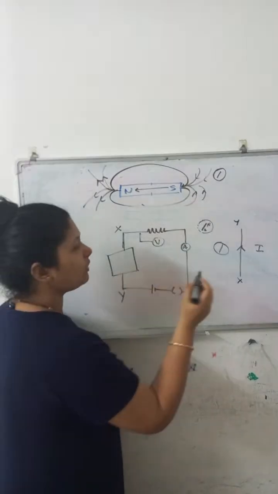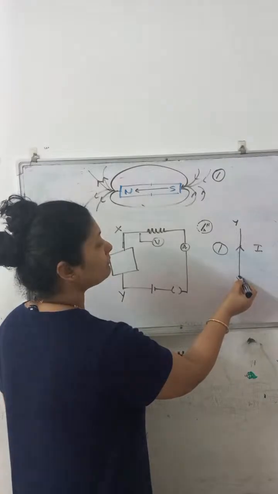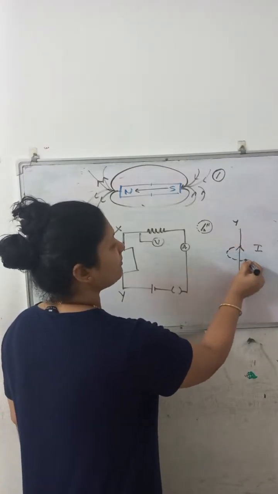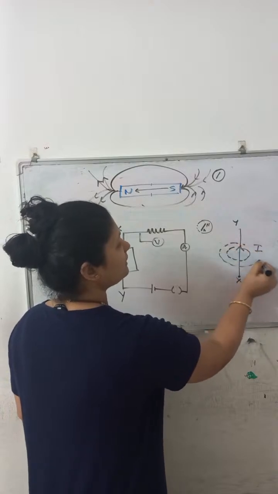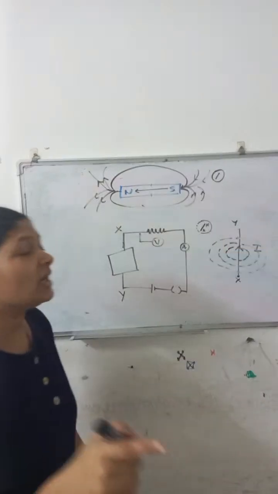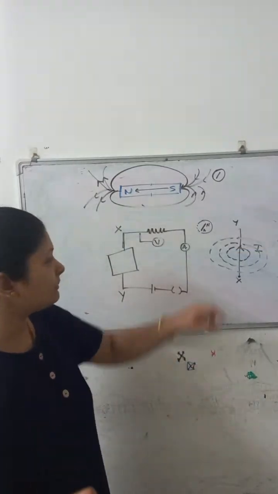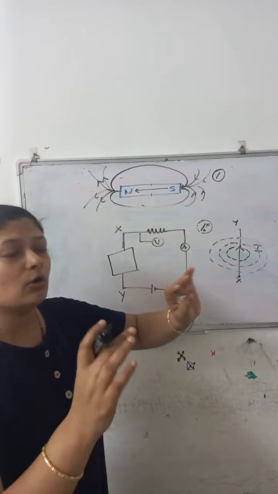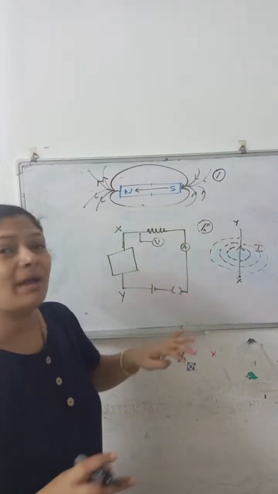So that means whenever current flows from one end to another, there is a generation of magnetic fields. These are circular magnetic fields. According to how much current you allow to flow through this conductor, it generates the magnetic field.